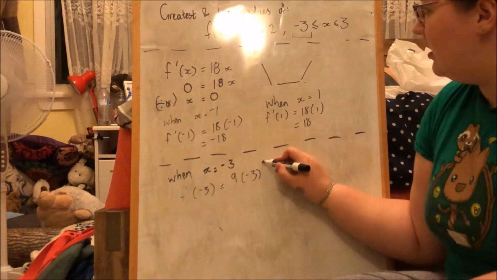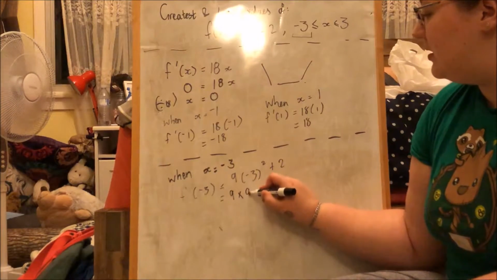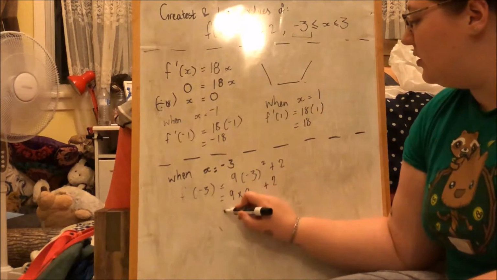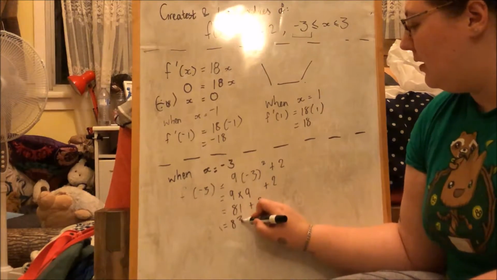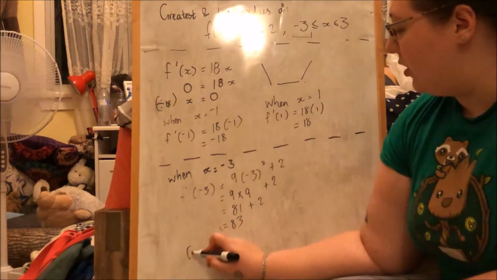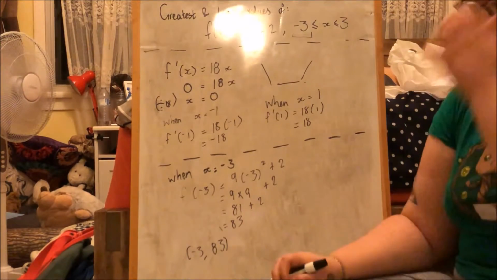So when x equals -3, f of -3, not x because we're giving it a number, equals 9 times -3 squared plus 2, equals 9 times 9 plus 2, equals 81 plus 2, equals 83. So we've got a point there at -3, positive 83.